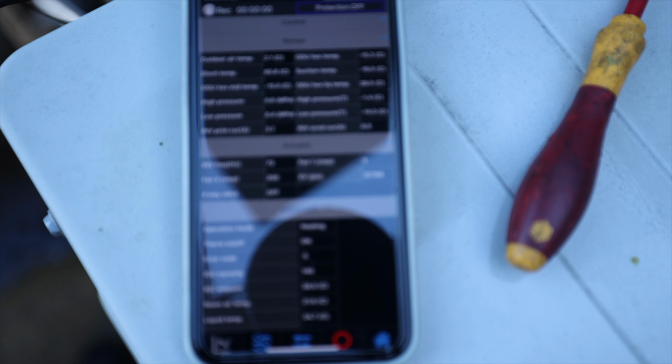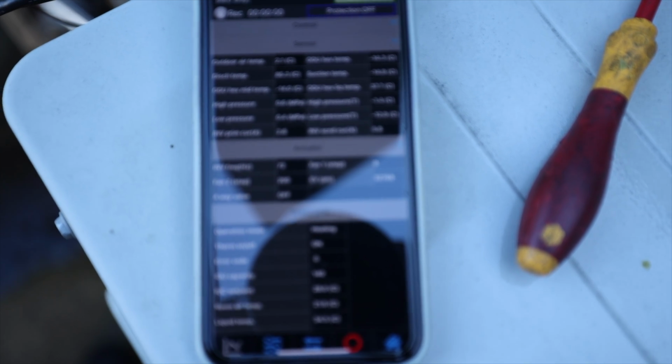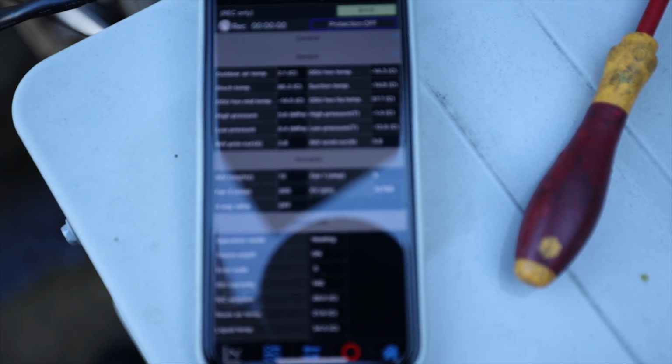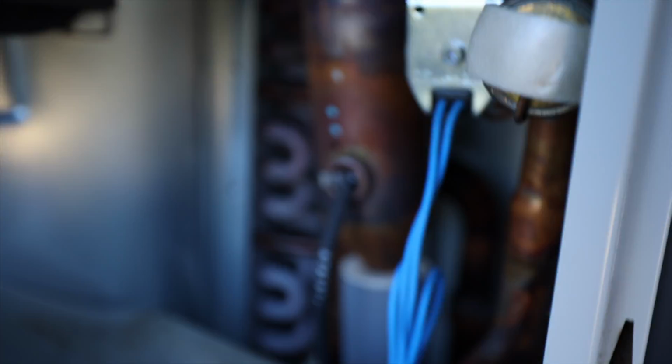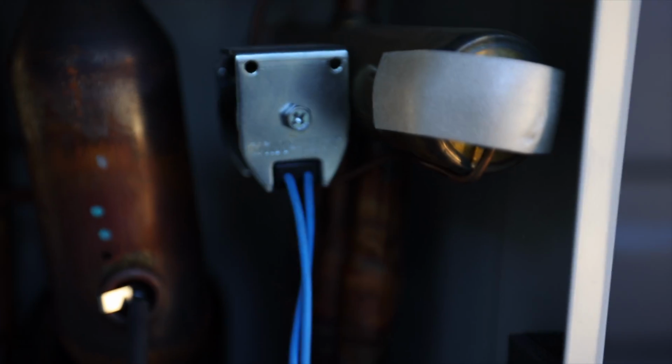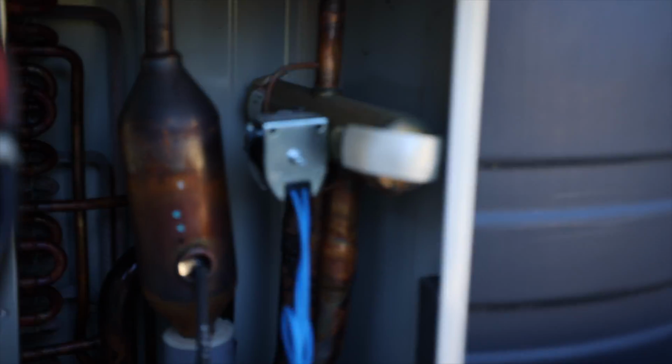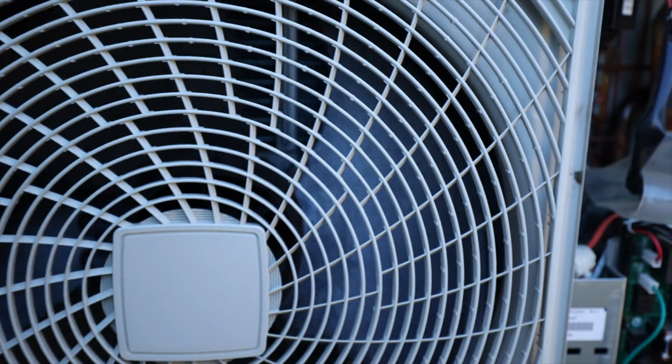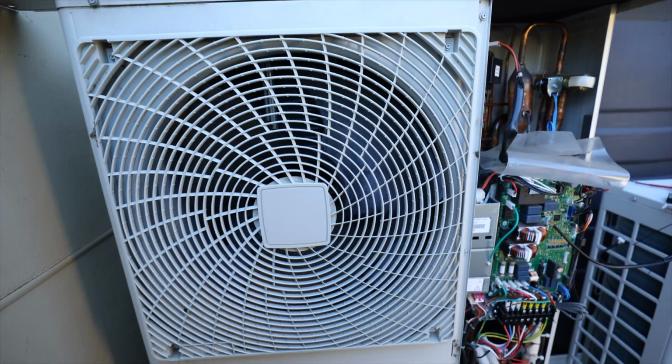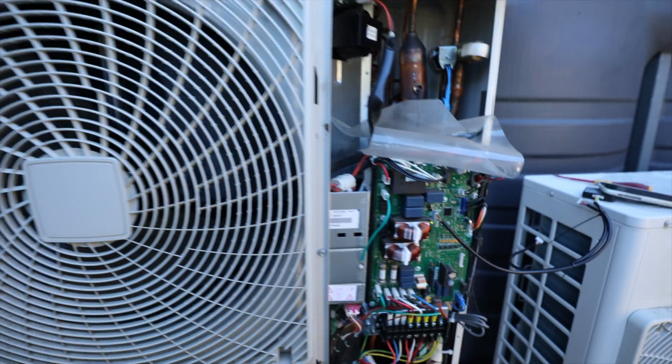It's on 92 hertz now. 73 hertz. 72. There's the reversing valve changing over, the hiss of that. The fans have now turned off.